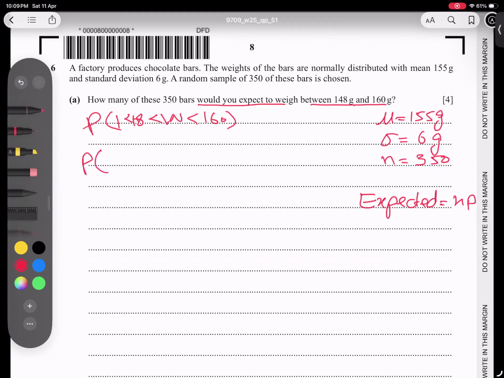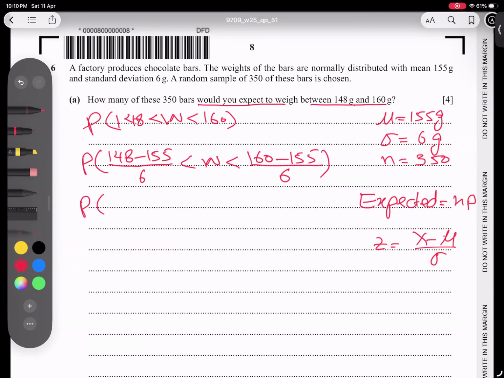We have a formula, as we discussed in the previous question, that whenever we need to convert any number which is not in normal format, we have to convert it by this formula. So that number we plug in here, and the mean and deviation come from the top. I'm going to do now 148 minus 155 divided by 6, and 160 minus the mean value 155 divided by deviation 6.